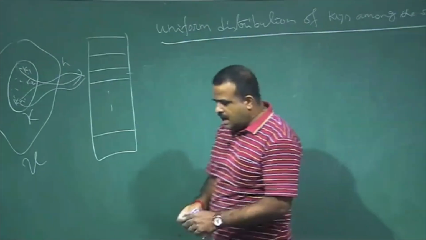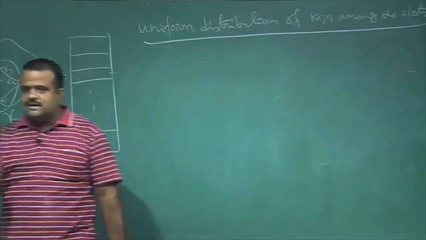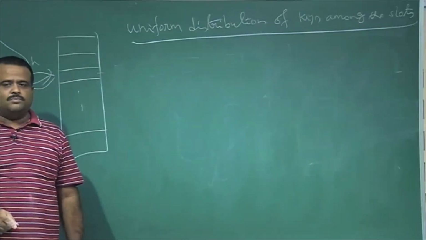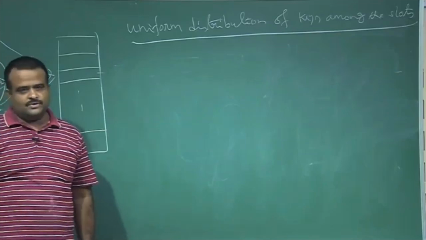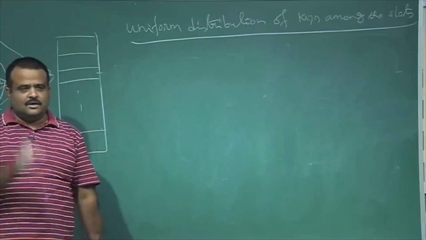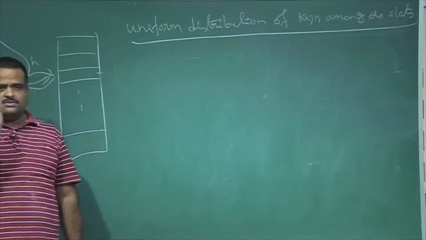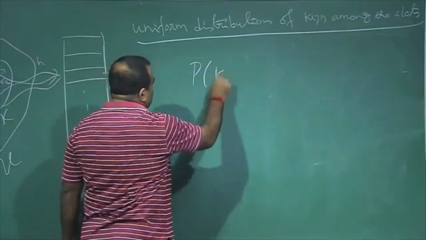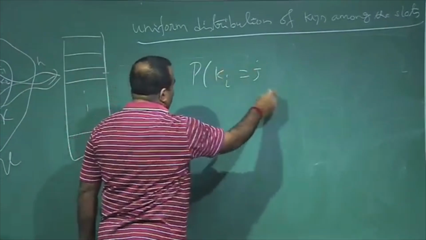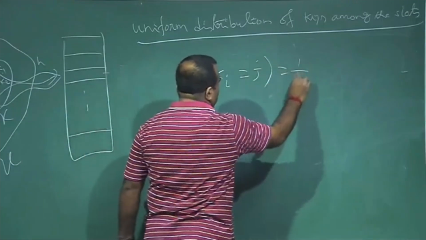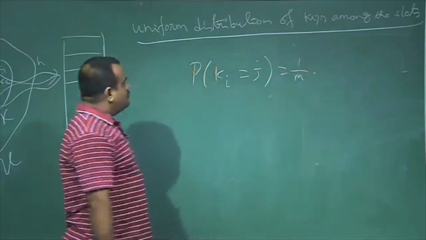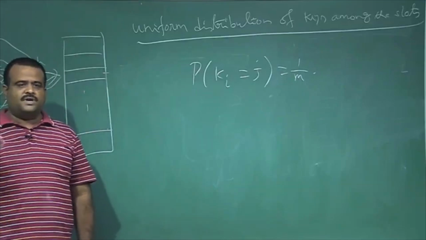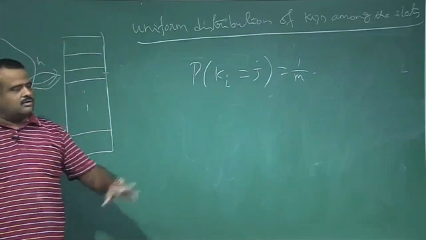That means, if we take a particular key, it will go to any slot with probability 1 by m. So, it is equally likely. Keys are distributed very uniformly over the slots. So, the probability that ki goes to the jth slot is 1 by m. Each slot is equally likely to receive a key. So, other way also.